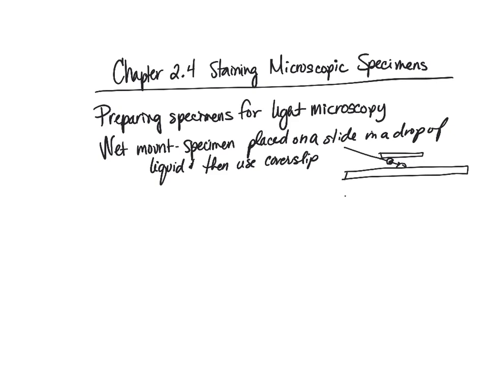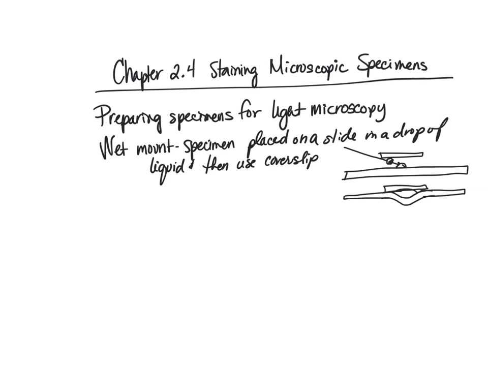Or there are other specialty slides that are called depression slides. So this would be like the typical slide here, but a depression slide has, as its name implies, a little depression in it, or an indent in it. And so then you can put the drop of liquid in here, and then the cover slip will just fit right over the surface.